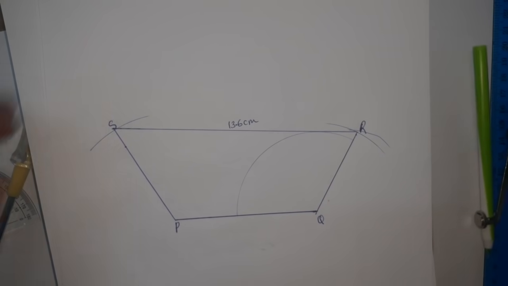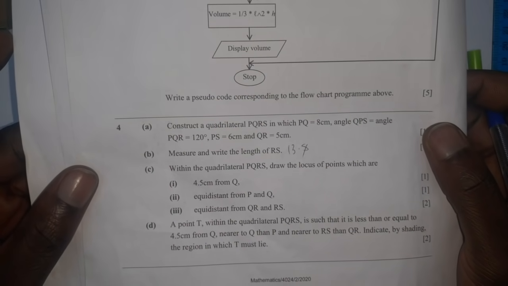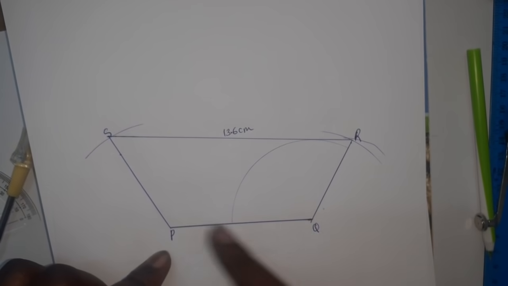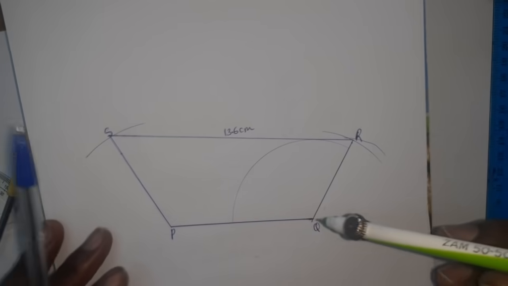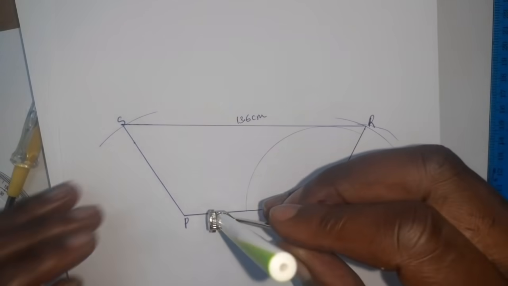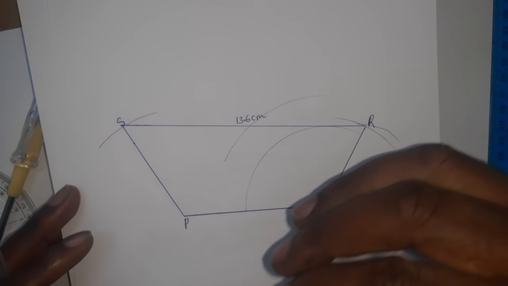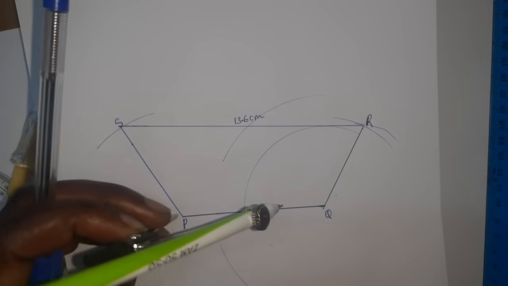Having done that, we move on to the next one, which says equidistant from P and Q. So meaning we need to bisect this line PQ. And how do we bisect? You need to do more than half. Then you draw an arc here, also another arc down here. And you change.